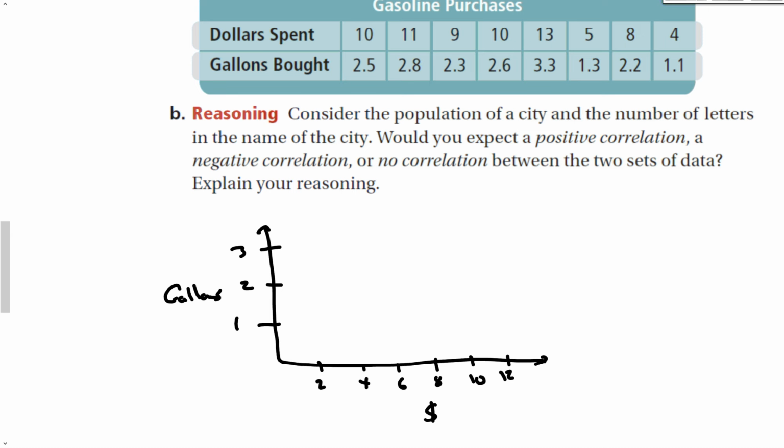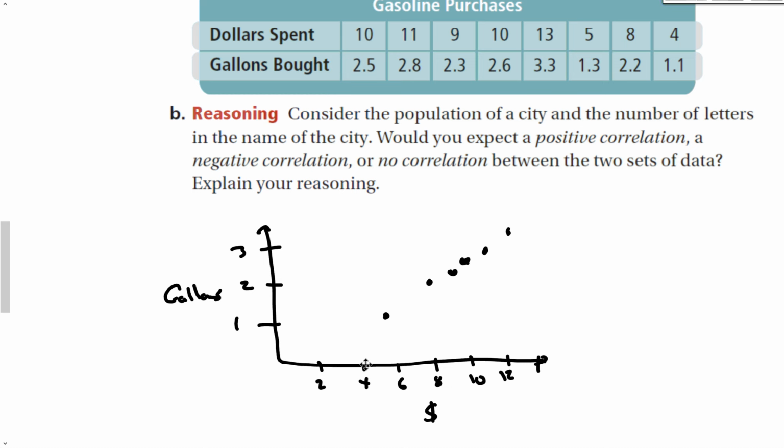So 10 gallons cost $2.50. 11 gallons cost $2.80. 9 gallons, $2.30. 13 gallons costs $3.30. 5 gallons, $1.30. 8 gallons, $2.20.